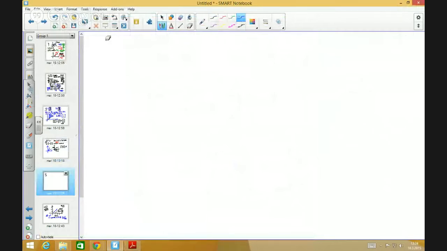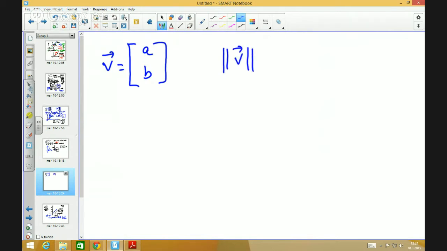So if I give you a vector, for simplicity, just take a vector AB. So that's my vector in 2 dimensions. What is the formula for the length of this vector? We don't need to remember that, do we?